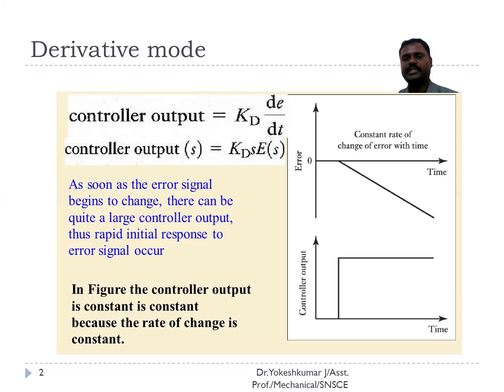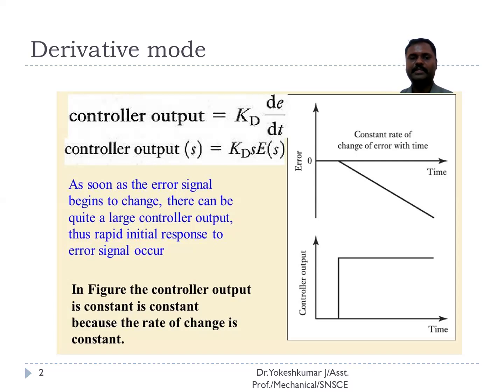That is a constant change of error signal with respect to time. So the controller produces immediate action as soon as it receives the error signal. The controller output is constant even though the error signal increases. It produces a constant output even as the magnitude of error increases with respect to time.